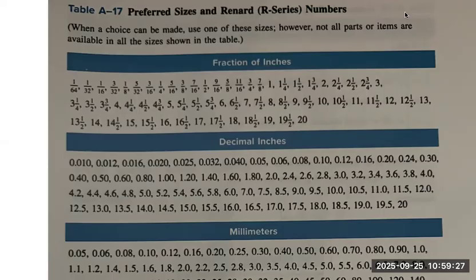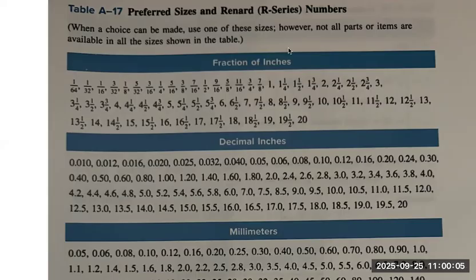When it comes to selecting a shaft, we select one with the diameter equal to or greater than the calculated diameter. From the table A17, one can use fraction of inches or decimal inches. I'm using fraction of inches. We get selected diameter ds is equal to 1.25 inches. Under the same bending moment M, the bending stress on the shaft of diameter d new can be calculated with that.